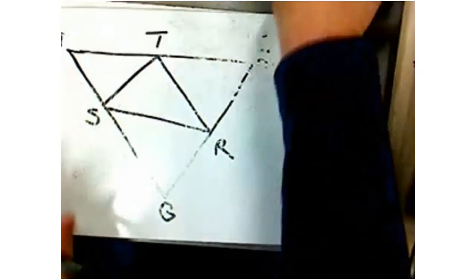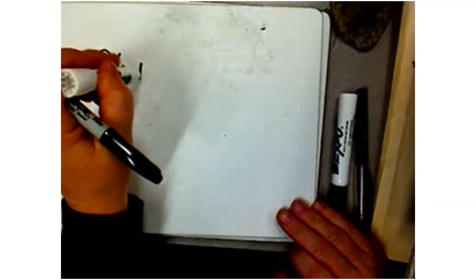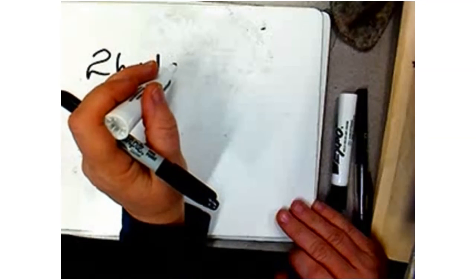Next, let's see, on the next page, they do an Algebra Link. If the measure of WZY equals 2B plus 1, so we're using that same triangle, but they're telling us an angle, 2B plus 1, and the measure of WVU would be what? Well, we know that they're parallel.